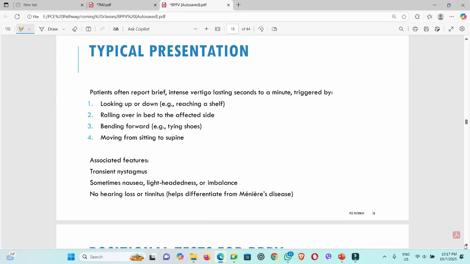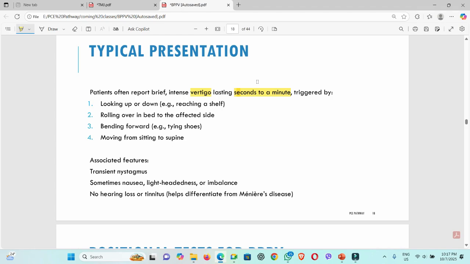So what is the typical presentation? Patients often report brief intense vertigo lasting seconds to minutes. Very important, guys, because in the exam they will give you a condition: the person is experiencing vertigo for seconds to a minute. If this line is there, think about BPPV.